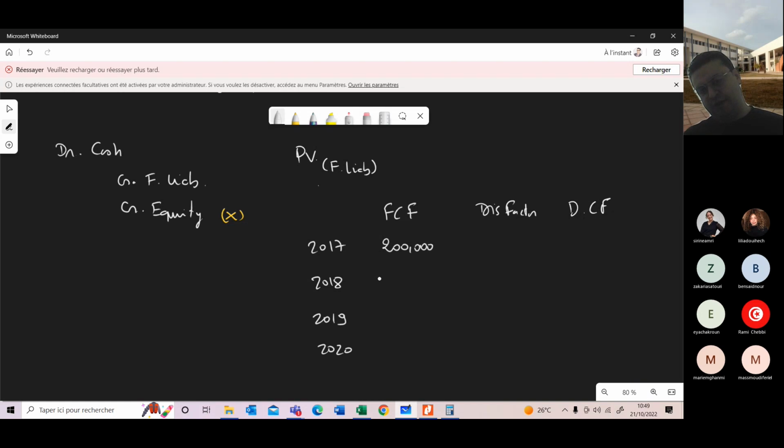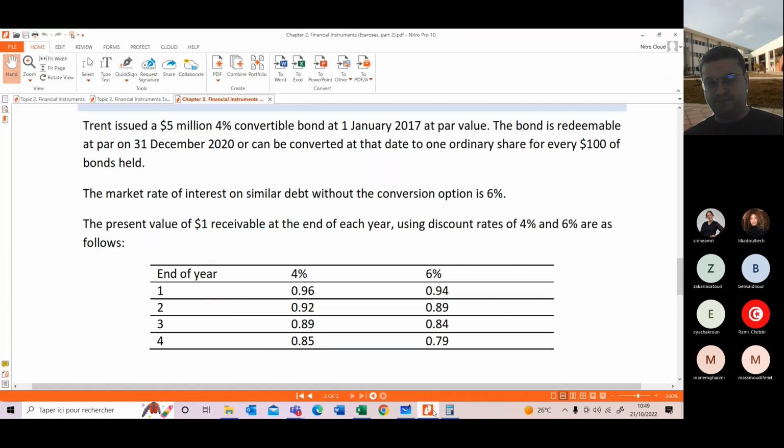So it's going to be 200,000, 200,000, another 200,000, and for the last year it's going to be the principal plus the last coupon, 5,200,000. For the discount factor, be careful, use the 6% because this is the market rate of interest on similar debt without the conversion option. So you have to work on the 6%.